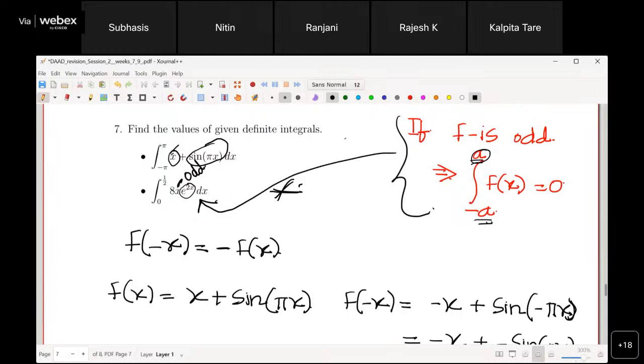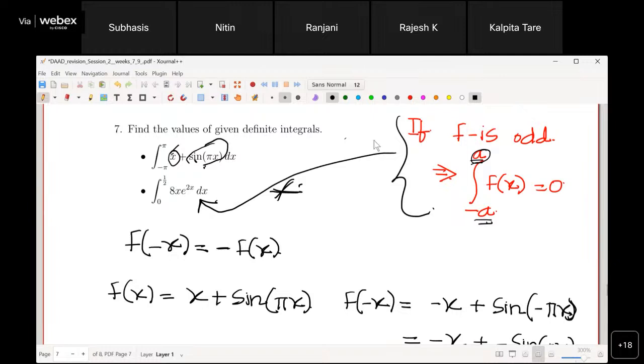When you have a product of two odd functions or even functions, then you can get a good result. But when you have this exponential function, most likely you will not get any good result.